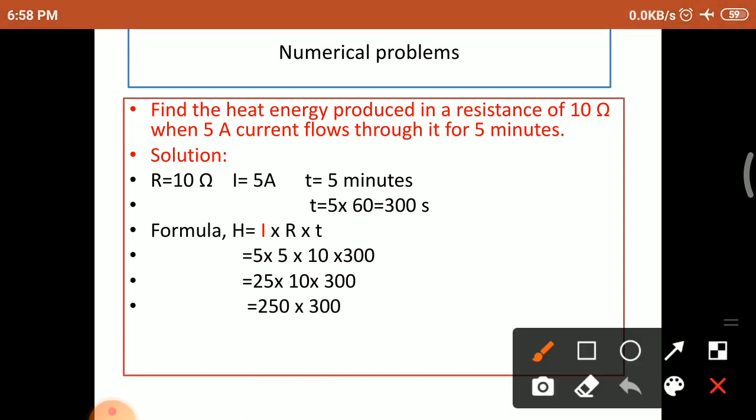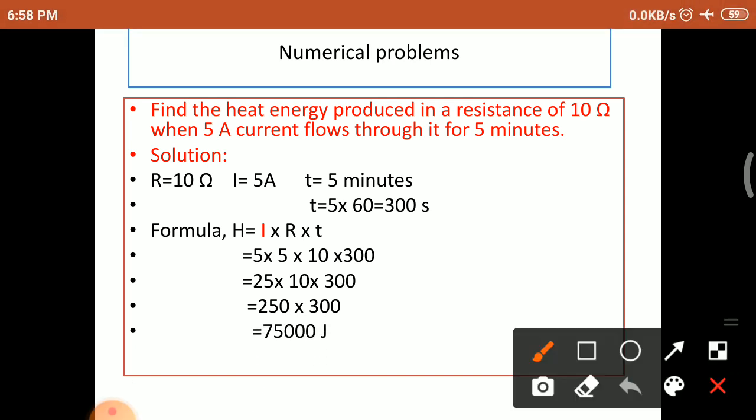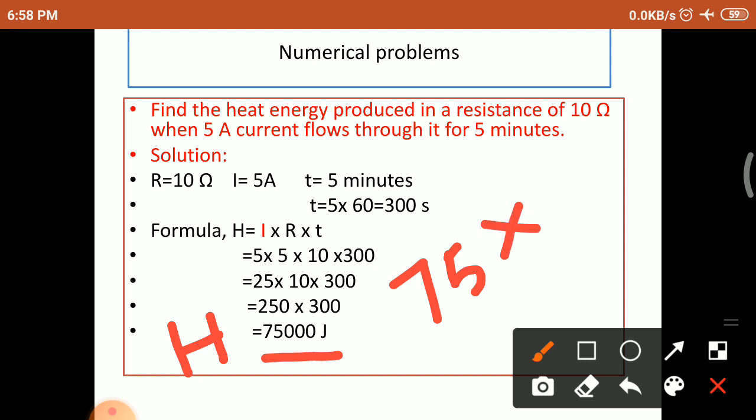So 25 into 10, 250, and 300. Now 250 into 300 equal to 75,000 joule. So you know the unit of heat is joule or kilojoule. So 75,000 we can write 75 into 1000.